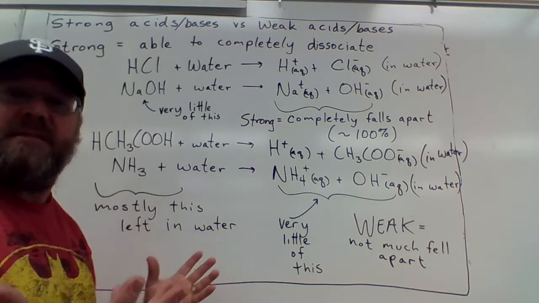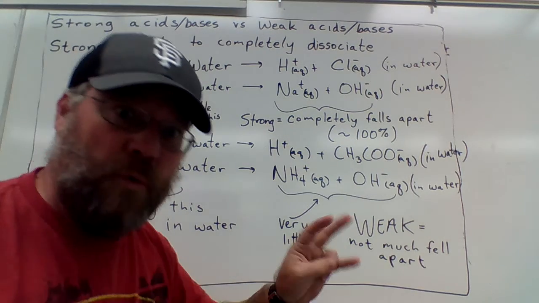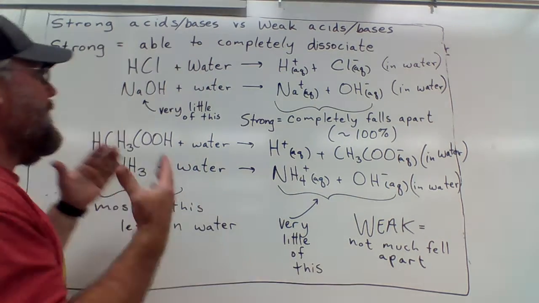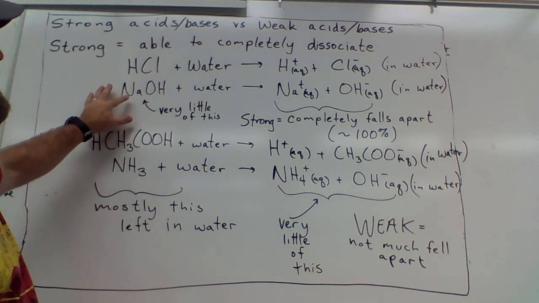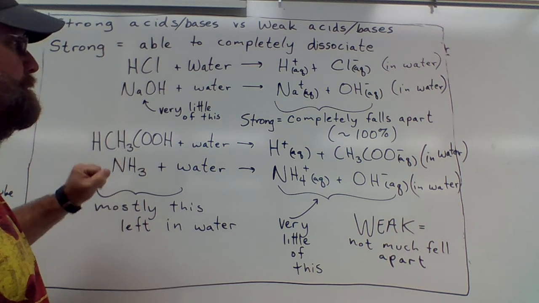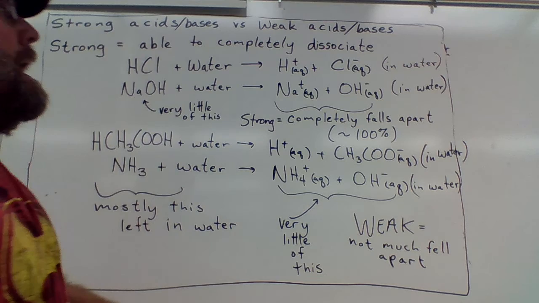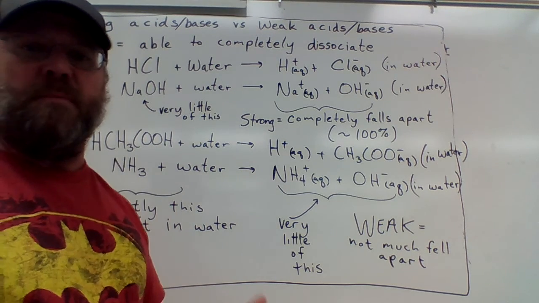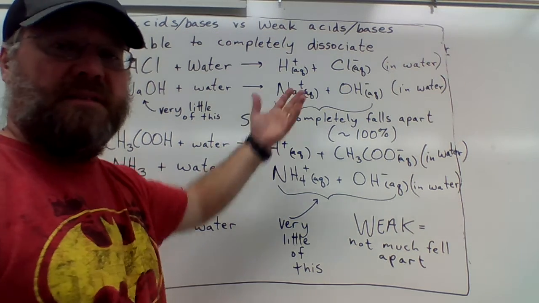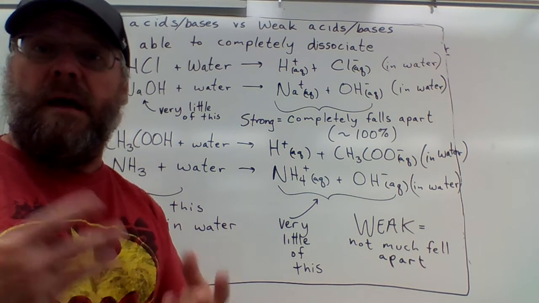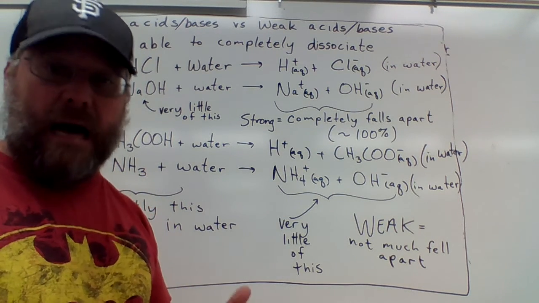It splits into, I don't know if you want to call it dual personality, where it's got an H+ and a Cl-. A strong base would be something like sodium hydroxide. Sodium hydroxide, we throw that into some water, and basically it completely falls apart into Na+, the sodium ion, plus OH-, the hydroxide ion. Again, the hydroxide ion is our base ion.